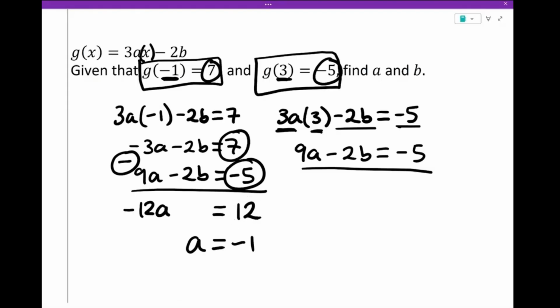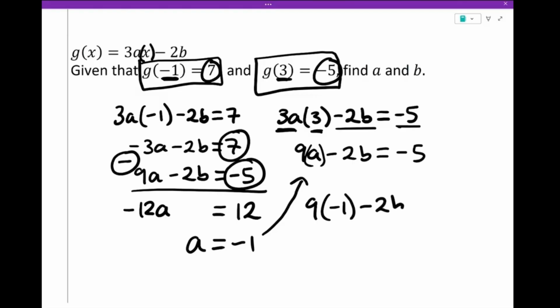So I've got my value of a. I now need to substitute it into one of my simultaneous equations in order to find b. So I'm just going to sub it into this one over here because I've got it written out on the side. So in place of the a, which I'm just going to put brackets around, I'm going to write 9, and then in brackets -1, which is my value of a, subtract 2b equals -5. But let's simplify it. So we'd get 9 times -1 is -9, subtract 2b is equal to -5.